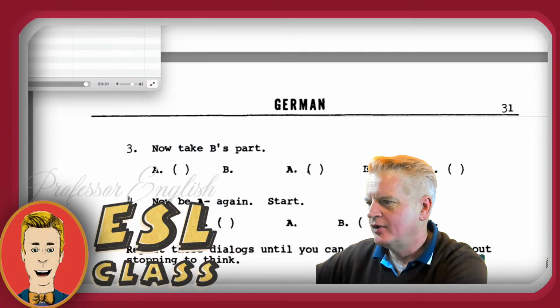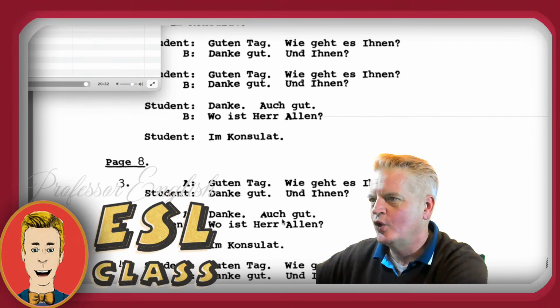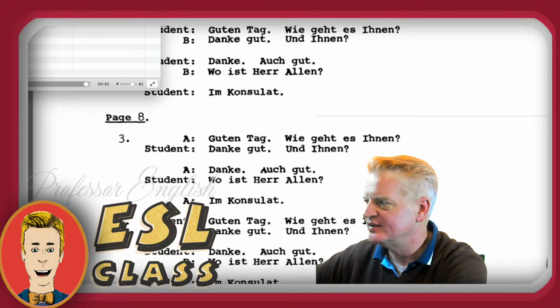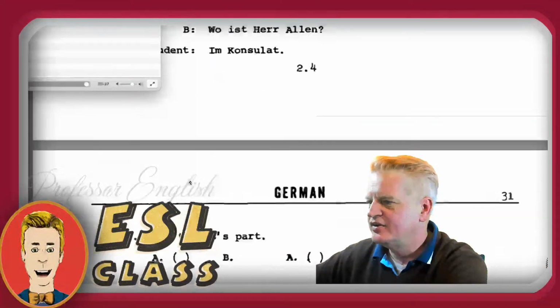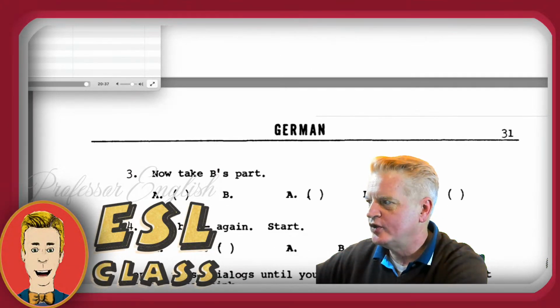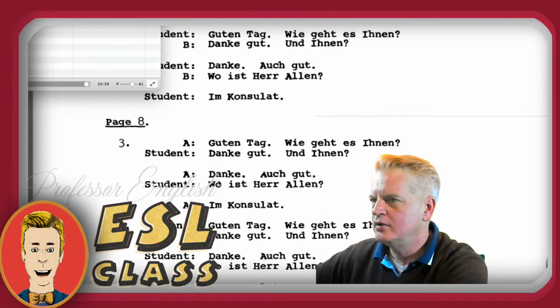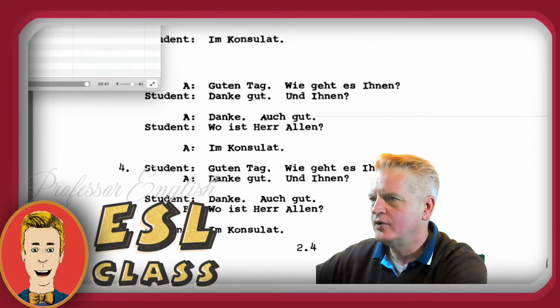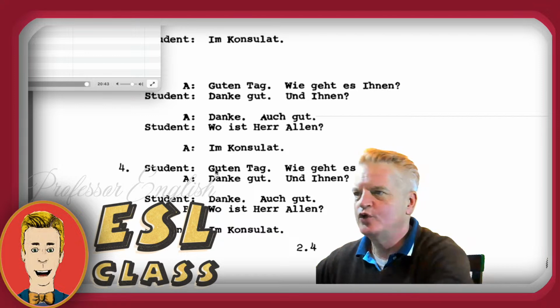Okay, now we have to start it. So we have to say, Guten Tag, wie geht es Ihnen? Danke gut. Und Ihnen? Danke, auch gut. Wo ist Herr Allen? Im Konsulat.